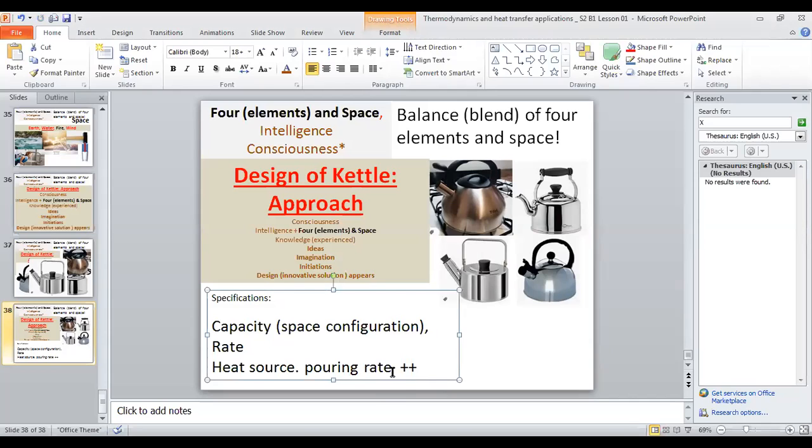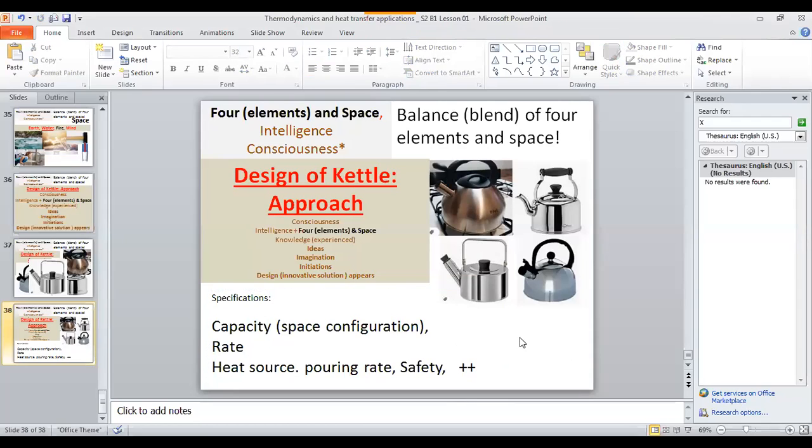There should be other specifications as well. Safety should be considered. Then there should be some scale freeness, the resistance to deposits. You may have many specifications.